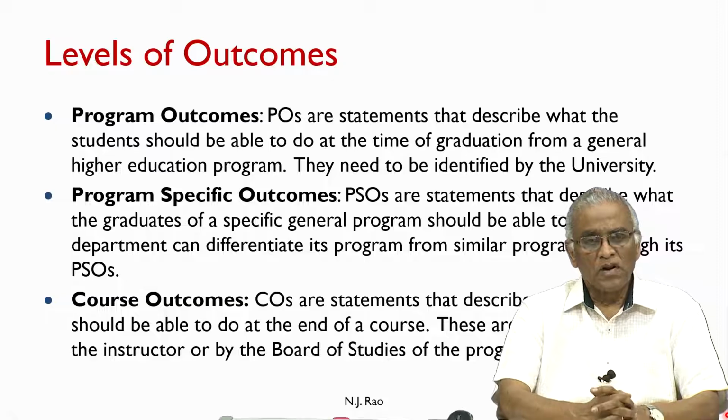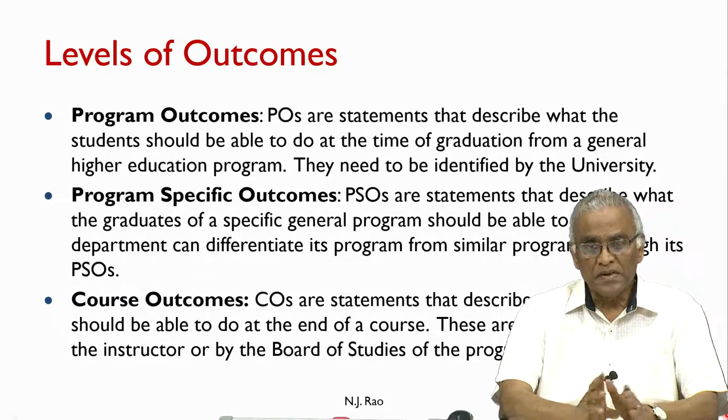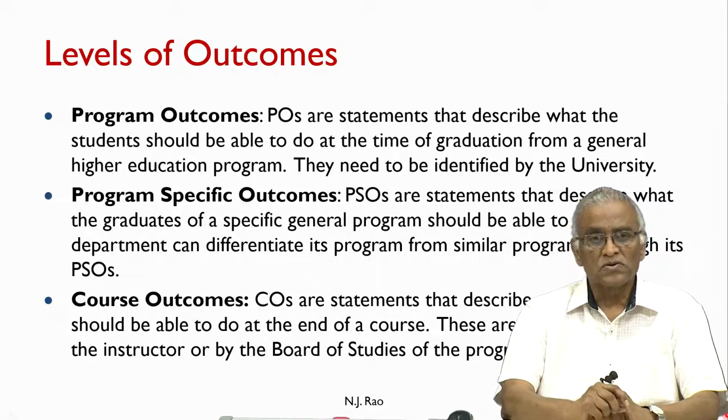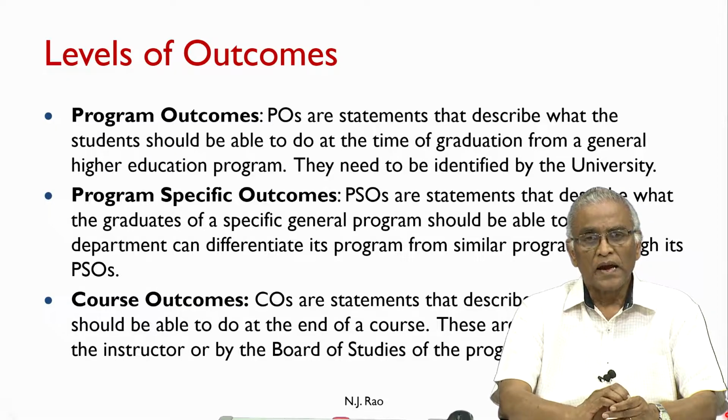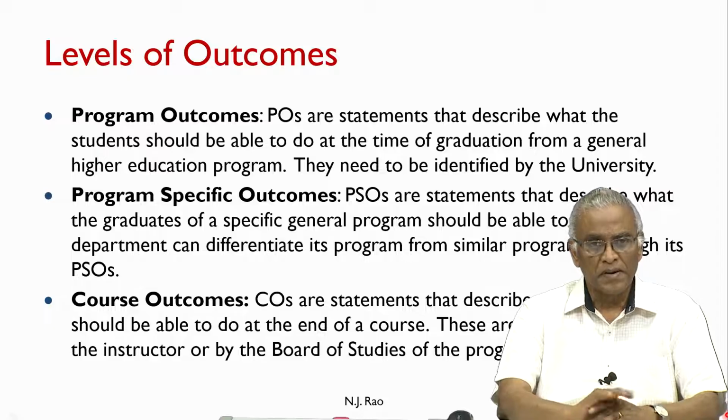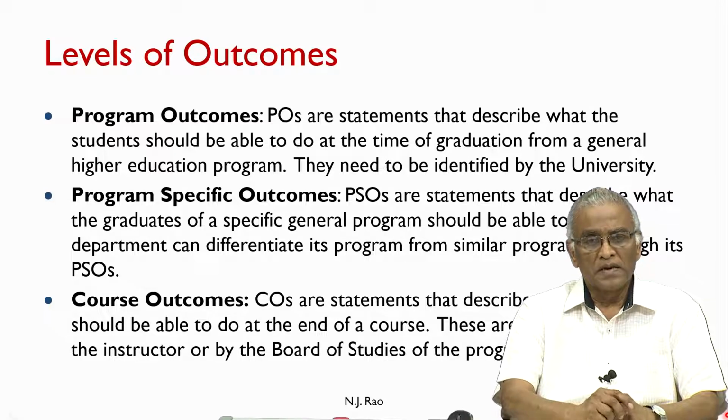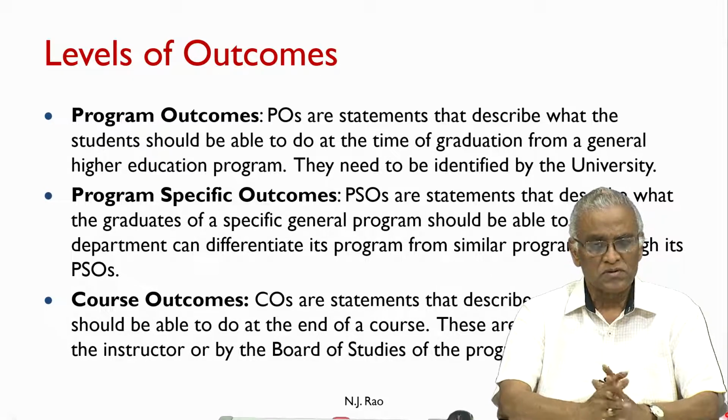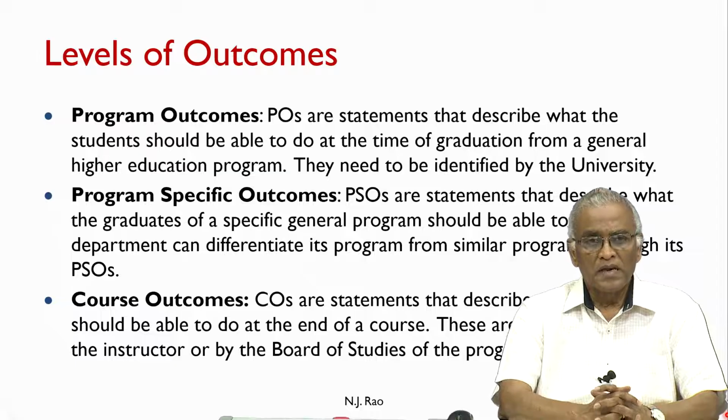So, program outcomes are statements that describe what the student should be able to do at the time of graduation from a general higher education program, and they need to be identified by the university, or as I said, also by any autonomous institution. And these program outcomes are non-specific to a program.